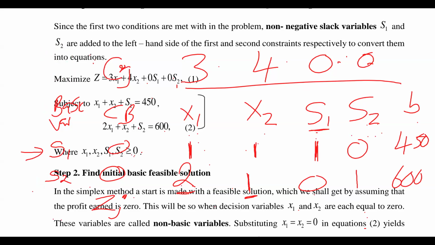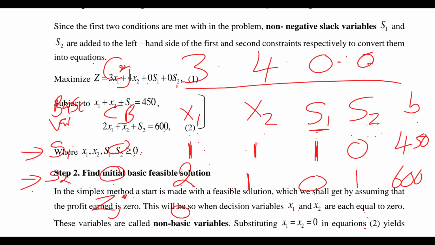Plus 0 times 2, the second one, this row. You start from the S1, then you come down. It's 0 as well, right? Then 0 plus 0 gives us 0. So you write 0. So that's the ZJ line.